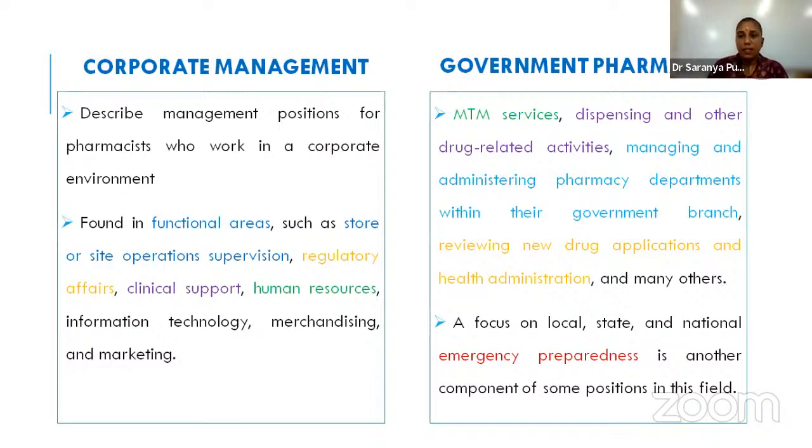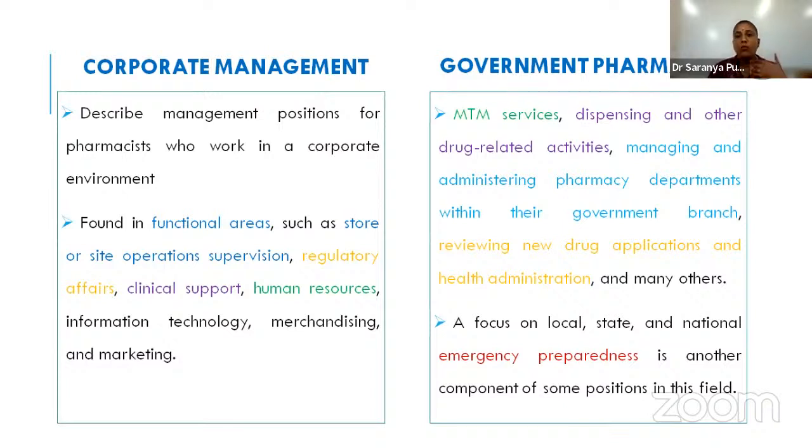And government pharmacy. And as a clinical pharmacist, whatever role was discussed in the previous session, whatever was told as your role can be delivered in a government pharmacy. Medication therapy management services, dispensing, and other drug-related activities. You can screen the patient for drug-related problems.